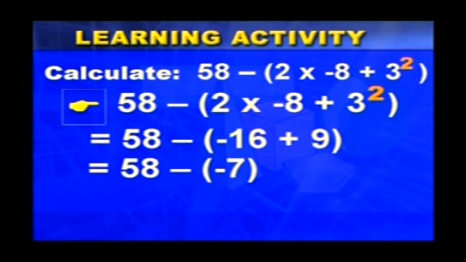Negative 16 plus 9 would be negative 7. You were taught on this: negative 16 plus 9 can be written, adding its opposite, as 16 minus 9, which is 7, and you get the sign of the bigger number, which is 16. That's how we get our answer.